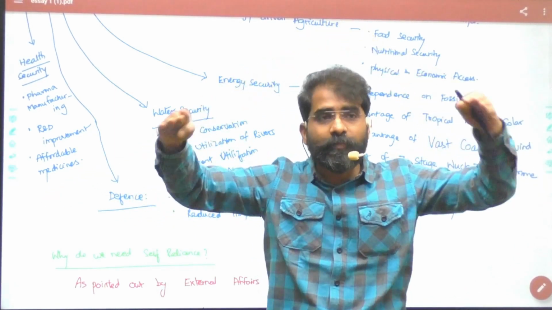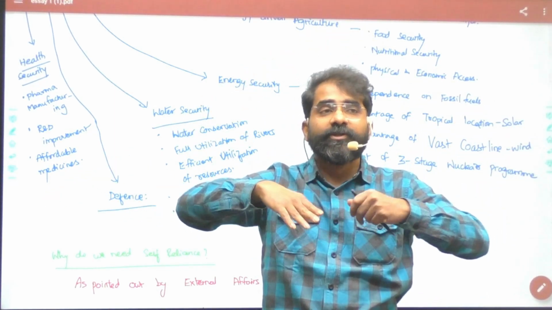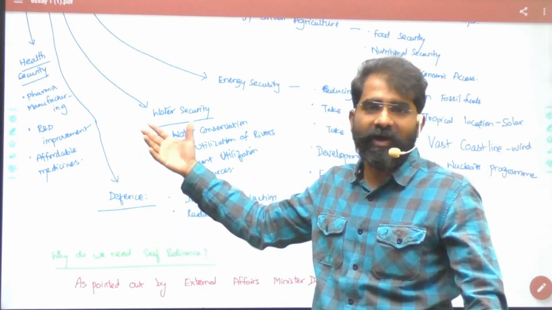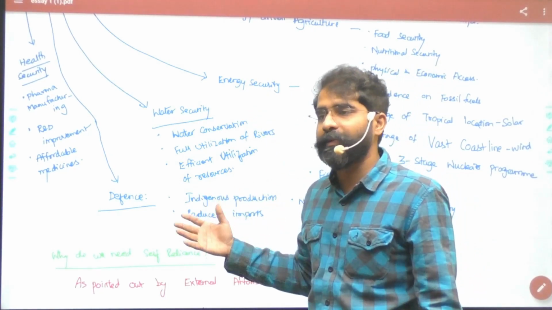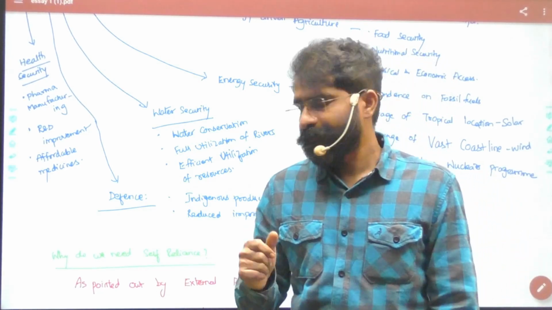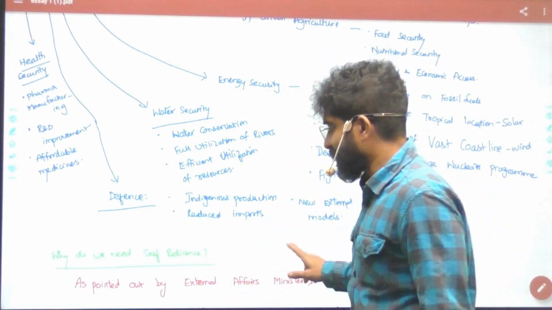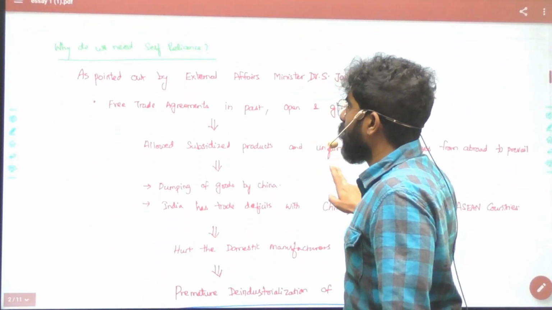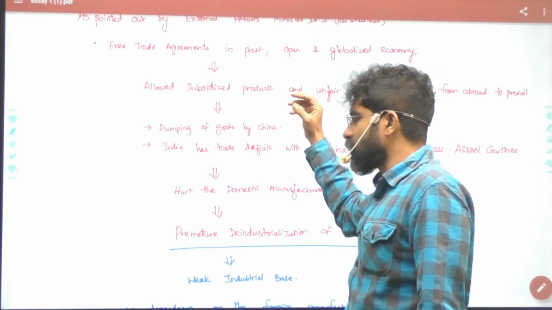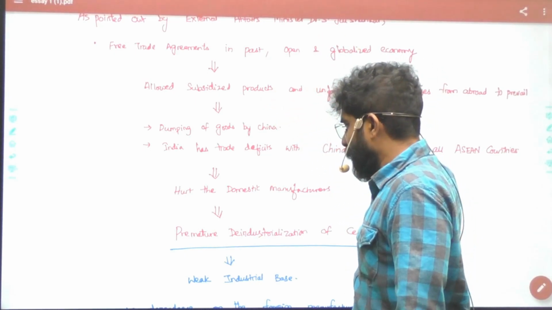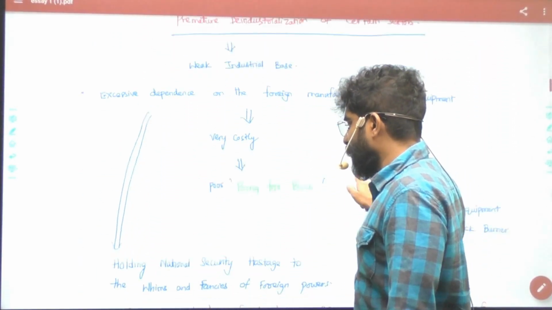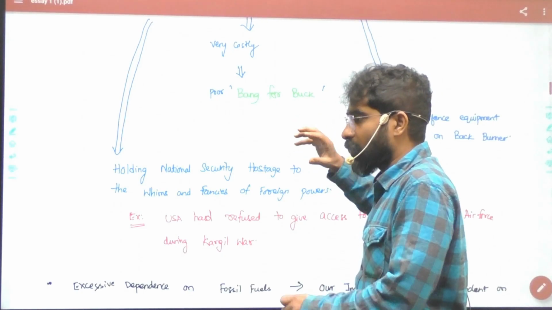First thing is you have to prepare a sketch, very important. If it comes up as an essay, you can write points. If it comes up as an answer, then you have the fodder here. Once you have the fodder well prepared, writing a 10-marker shouldn't be a difficult task. If it comes up as an essay, we can talk about the impact of free trade agreements or dumping of goods, how it has hurt India and led to premature deindustrialization, which is why we have to come up with self-reliance, or talk about national security.